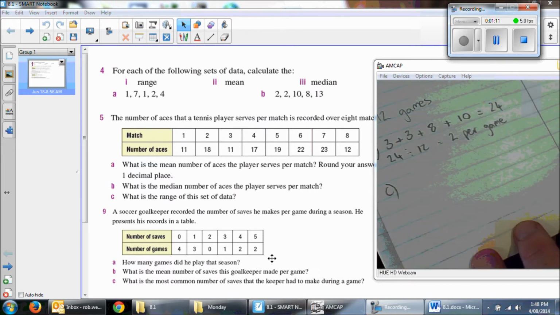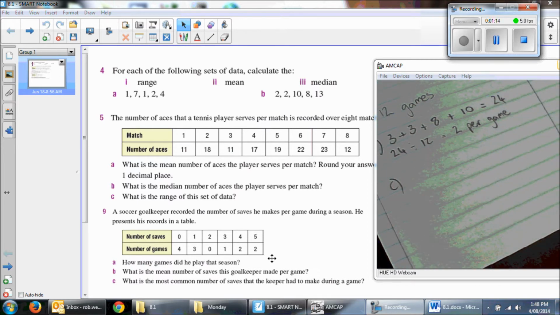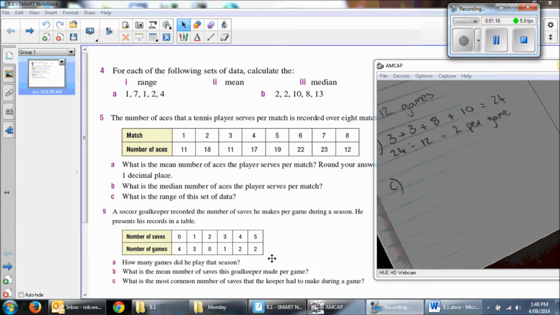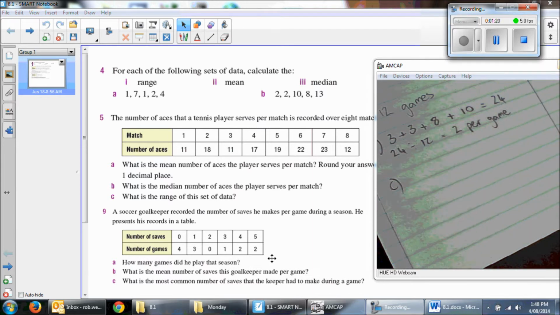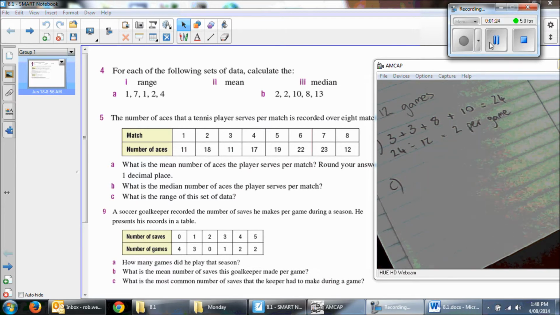All right, let's look at C. What is the most common number of saves that the keeper had to make during a game? We're looking here at the most common number of saves that he actually made.